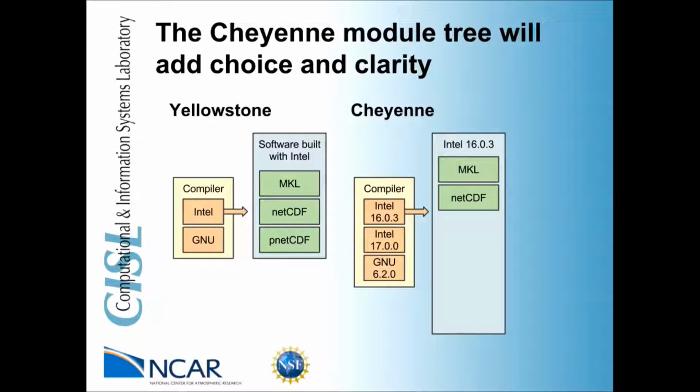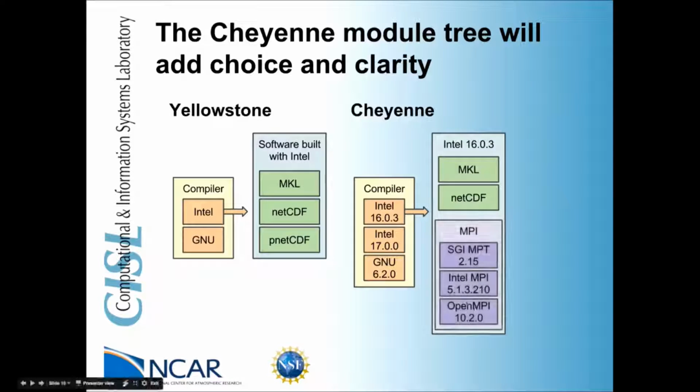So on Cheyenne, instead of specifying that this software was just built with Intel, we're specifying that it was built with this specific version of Intel. So I'll see these different versions of the compilers listed, and if I load Intel 1603, then I'm going to get a subcategory of all the software that was built with Intel 1603. So here again, we would have the math library and netcdf.